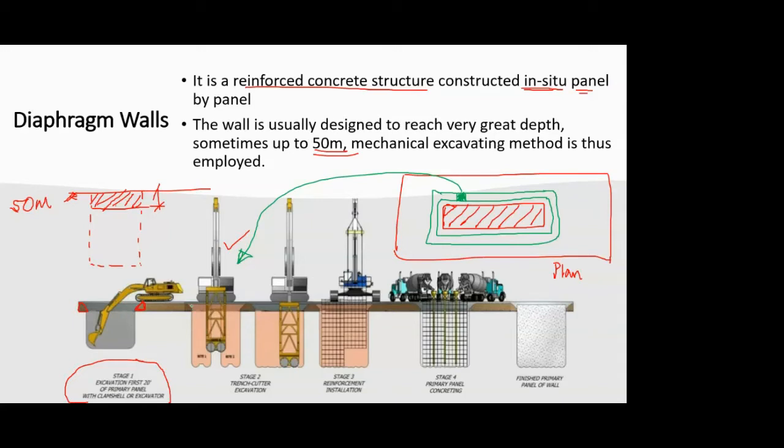So you see only a considerably small width we excavate, and we go up to the bottom. Okay, and the excavation also, if you see, first we excavate the sides and then the middle portion. Okay, so that is called trench excavation or trench cutter excavation. That's the stage 2. Okay.